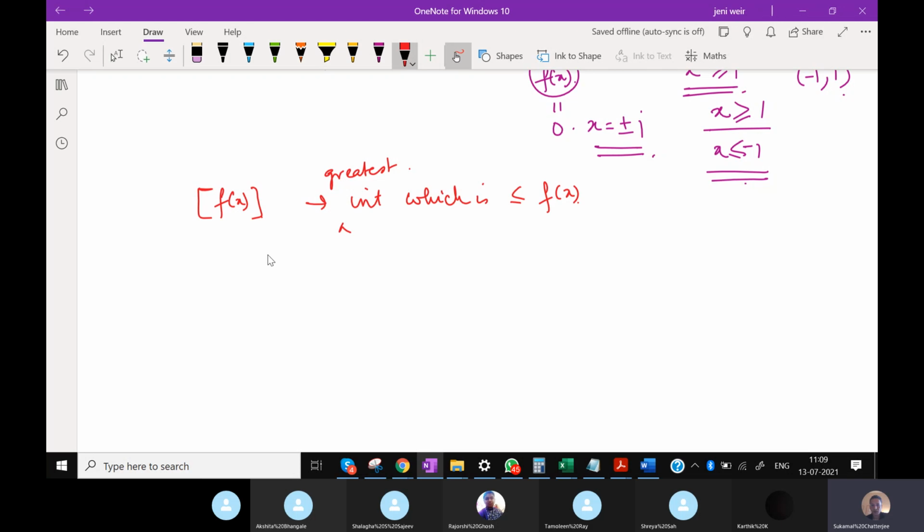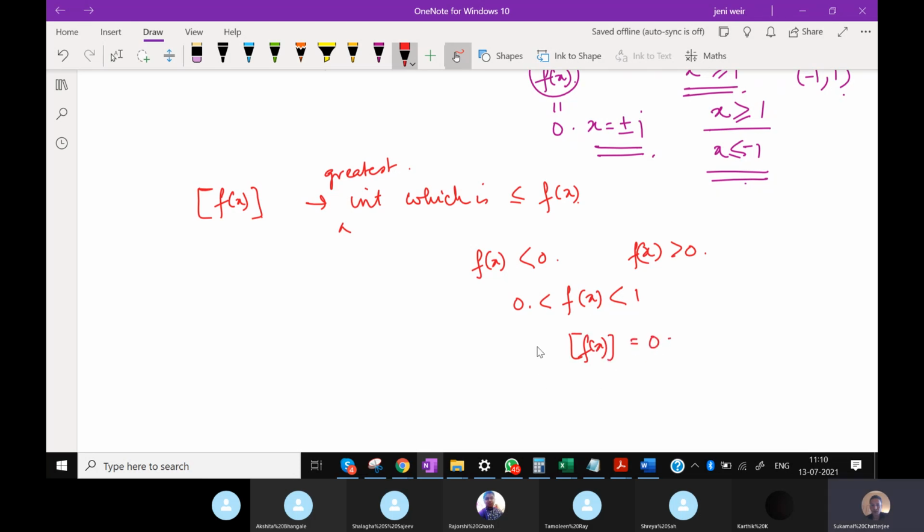So when f of x is negative, then it will be the negative integer before f of x, and when f of x is positive, it will be the positive integer before f of x. And when f of x lies between 1 and 0, then box of f of x will be equal to 0.